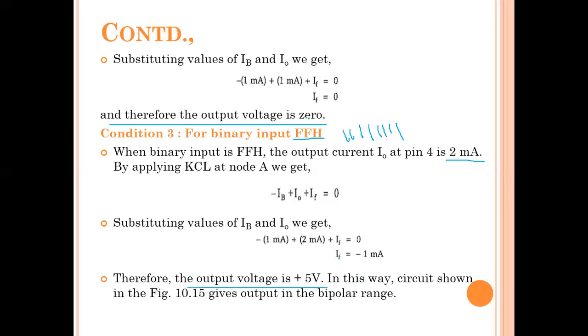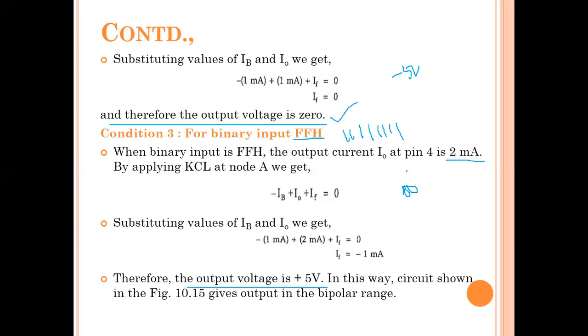So whenever we take binary input to be all zeros, you will be getting output voltage as minus 5 volts. For the middle range, whenever we apply binary input as 80H, we get output voltage equal to 0.